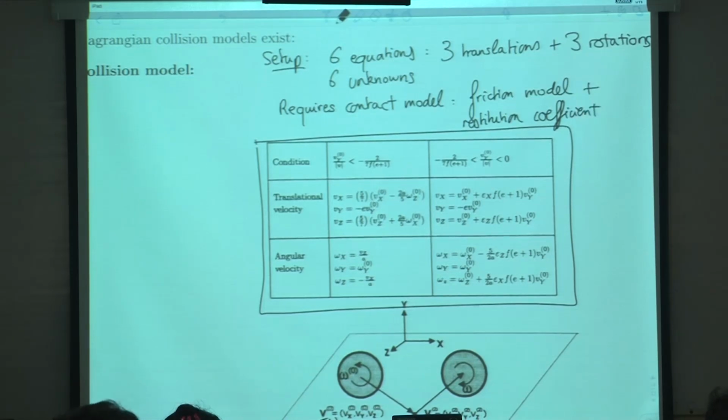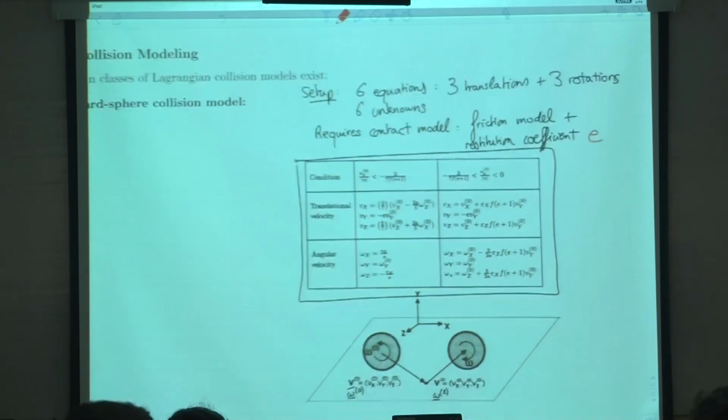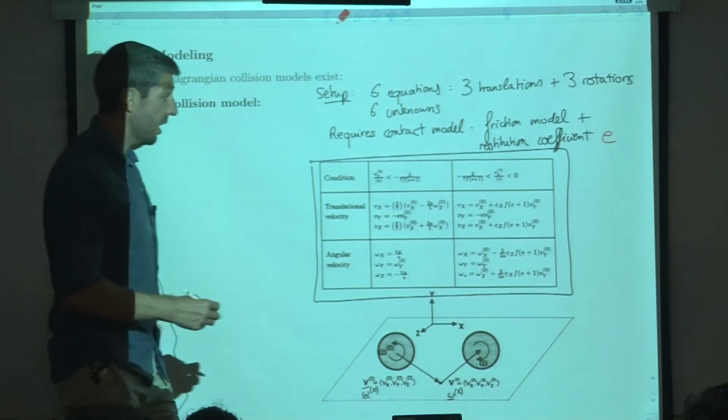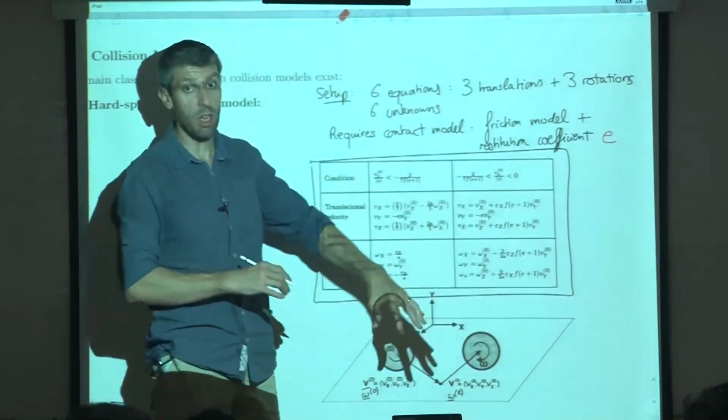This restitution coefficient, I'll already give it a name, we'll call it E. An elastic collision would be a restitution coefficient of 1, all right? So the idea of the hard sphere collision model is to say it is reasonable to approximate this process as being instantaneous, and so we'll mathematically translate that into an instantaneous solve of this.